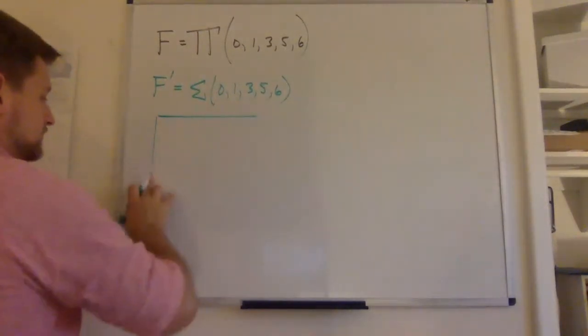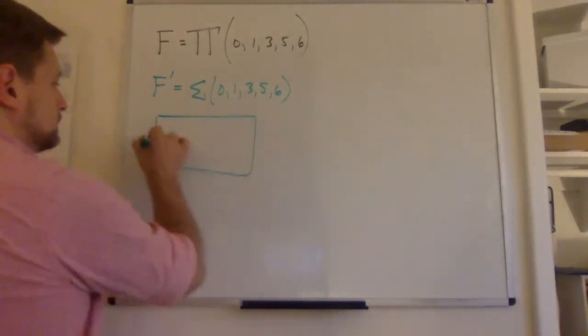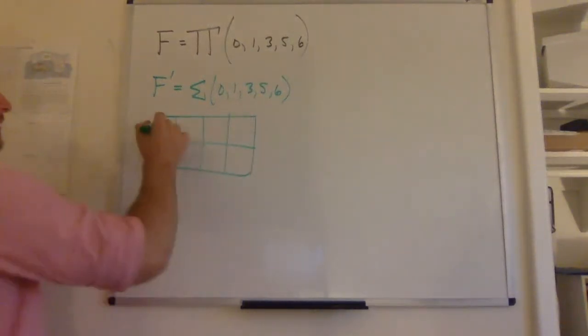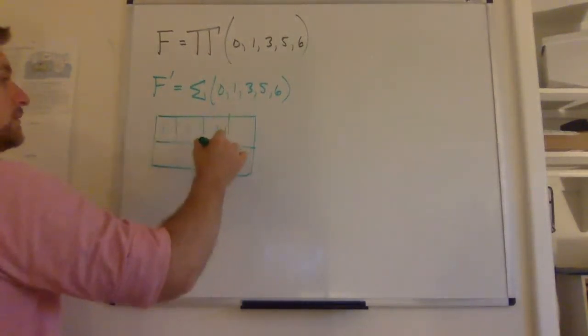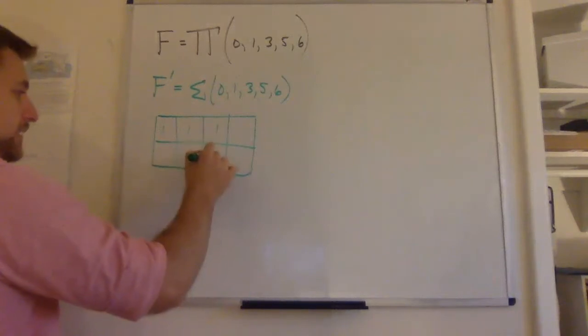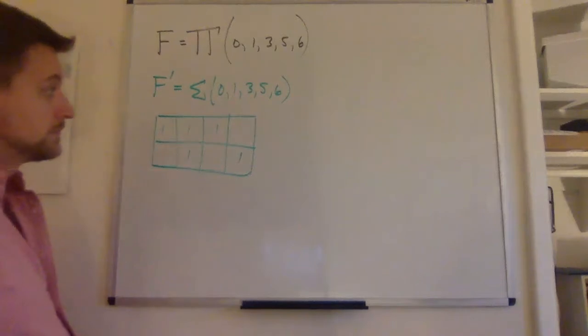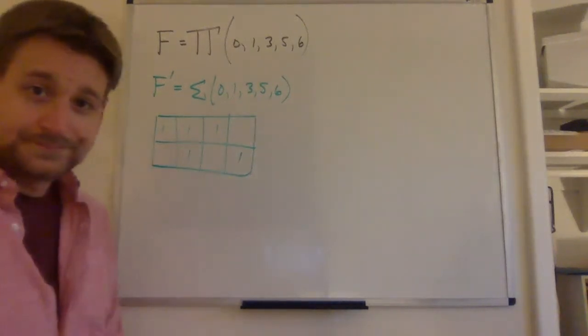Three variables. Zero, 1, 3, 4, 5, 7, 6. Okay.